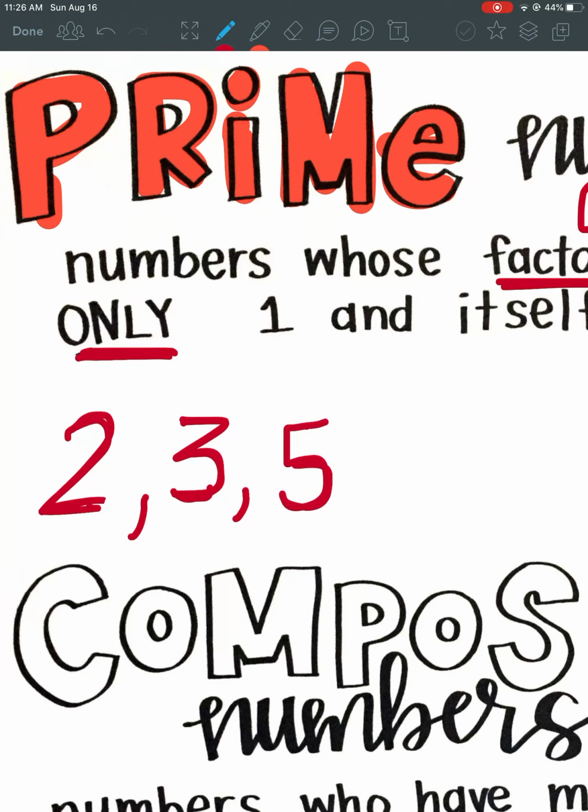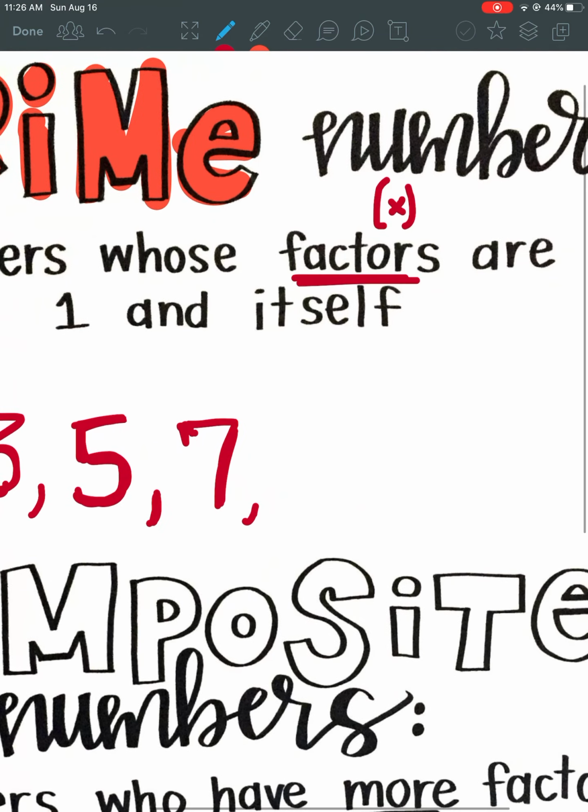However, 5 is a prime number, 5 times 1. 6 is composite. 7 is a common prime number, just 1 times 7. 8 we can't do because besides 1 times 8, we can also do 2 times 4. 9 is a common mistaken prime number, because some students forget about 3 times 3, so that doesn't fit this category. 10 is even, so we know 2 goes into it. 11 is our next prime number.